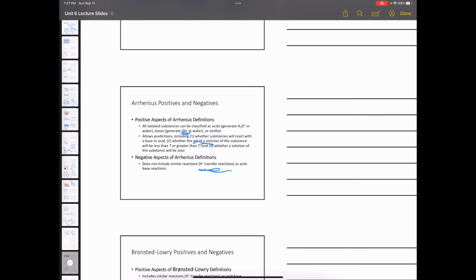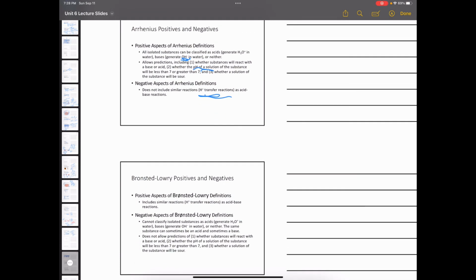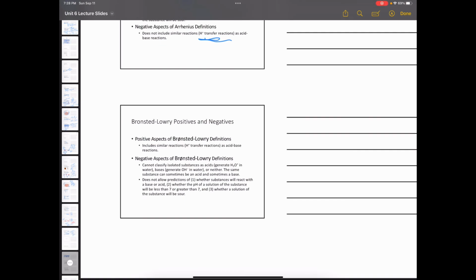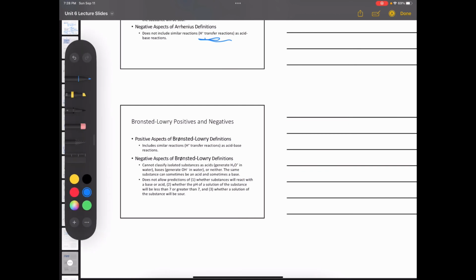The Arrhenius definition cannot really explain these kinds of reactions. The Bronsted-Lowry definition, on the other hand, includes similar reactions that involve the transfer of a hydrogen ion, and we can explain these as acid-base reactions.